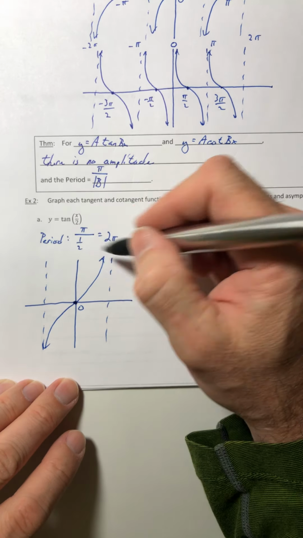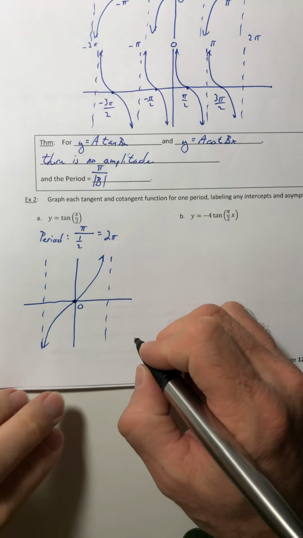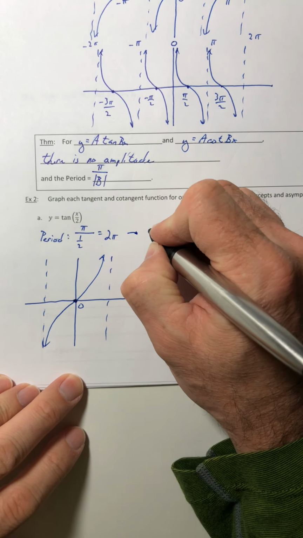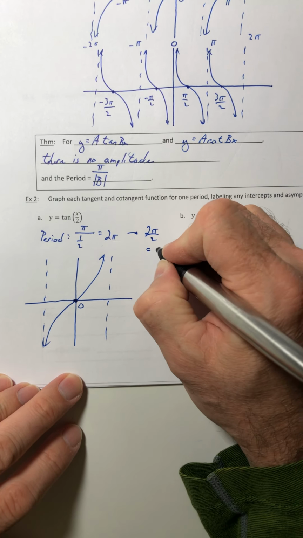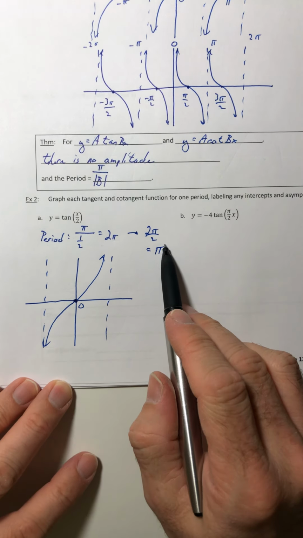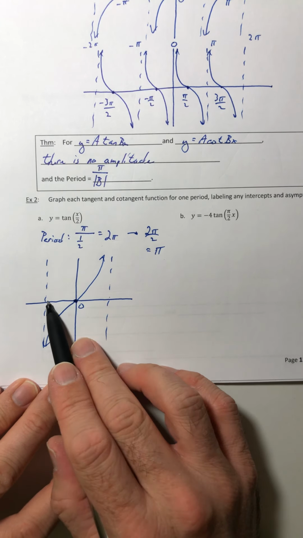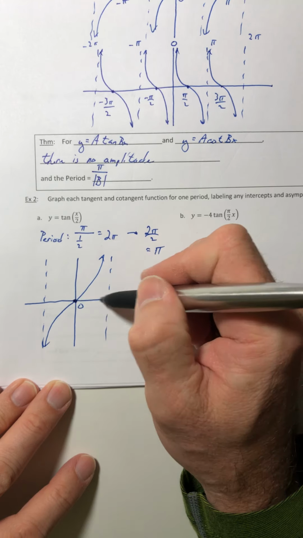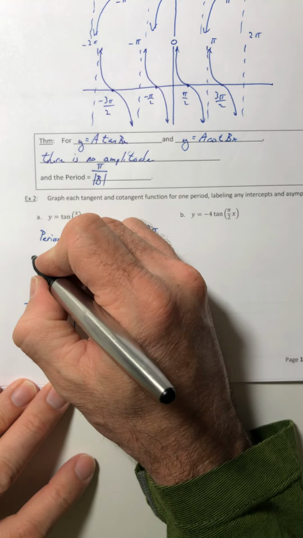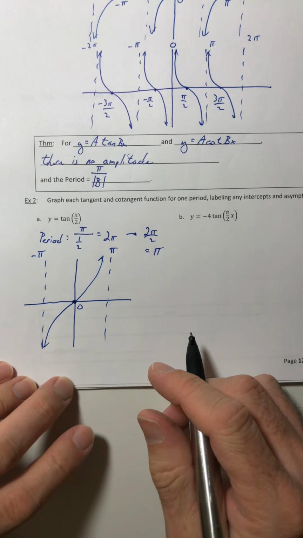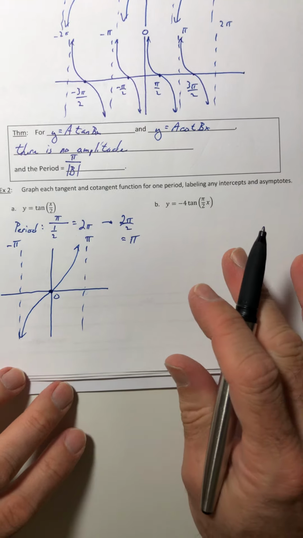We just have to figure out where the 2 asymptotes are. To figure that out, just take the period, divide it by 2, and whatever number you get, that's how far out to the right you're going to go and how far out to the left you're going to go. So to the left and right of 0, it's just pi and negative pi. And that's pretty much it. You can always do that for tangent, which is kind of nice.